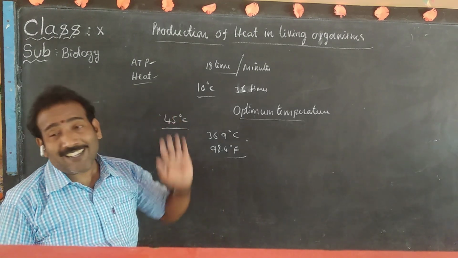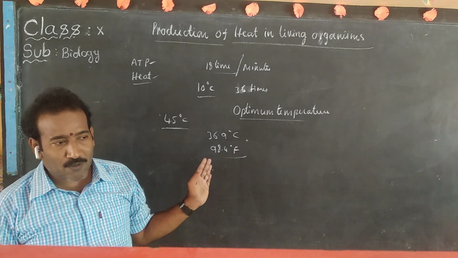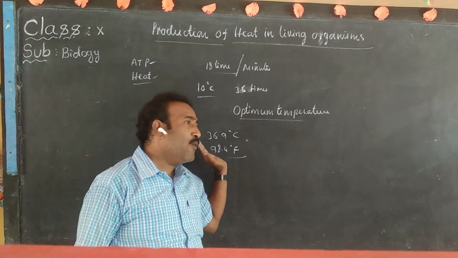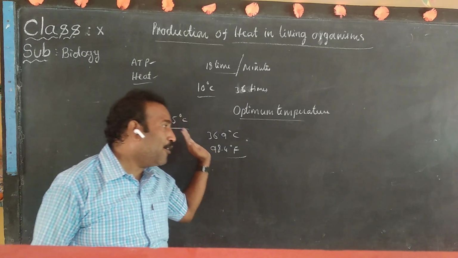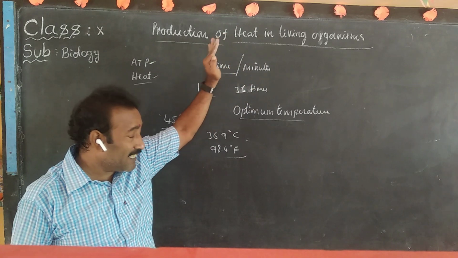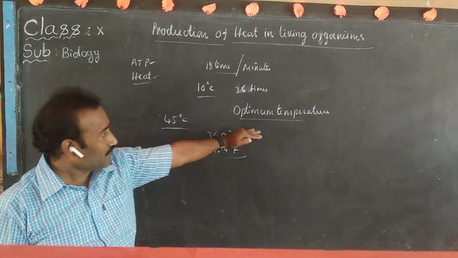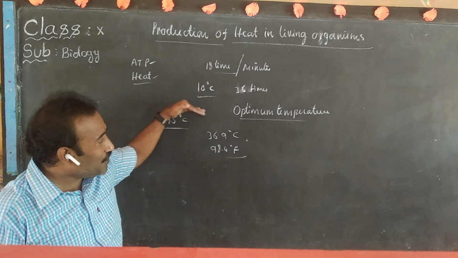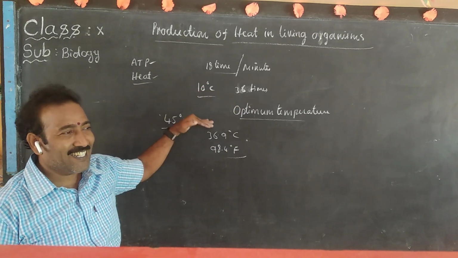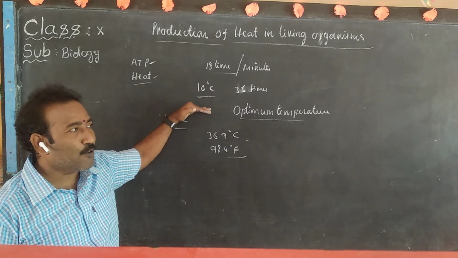But we have a constant body temperature. How is it possible? Continuously some amount of energy is produced as heat in our body. Respiration is a continuous process.